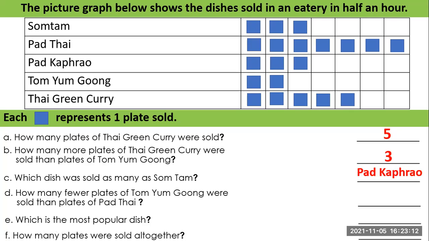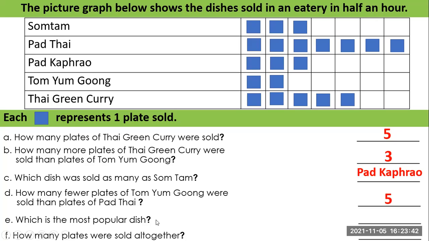Now letter D. How many fewer plates of Tom Yum Goong were sold than plates of Pad Thai? Tom Yum Goong, only 2. Pad Thai, there were 7. 7 minus 2 is 5. So therefore, Tom Yum Goong sold 5 fewer plates compared to Pad Thai.